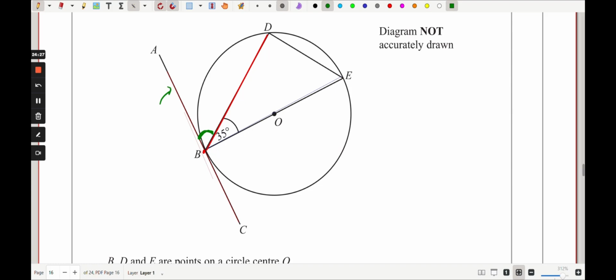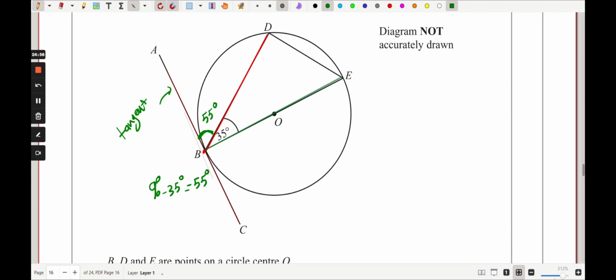Now the tangent and the radius: the tangent meets the radius at 90 degrees. So 90 degrees minus 35 degrees will get 55 degrees. So this angle here is 55 degrees.